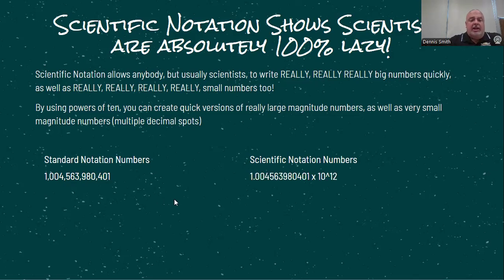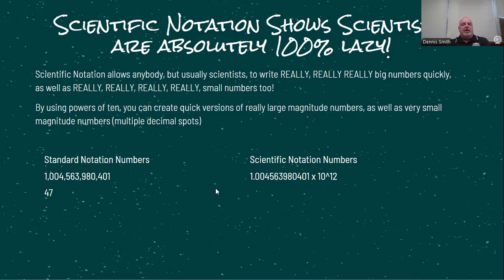So in this case, it's 1.0045639804001 times 10 to the 12. Now, I would be honest with you and say, if you put 1.00 times 10 to the 12th, I would accept that because that is correct. But beside the point, that would be the number because you moved the decimal from here to here, and it's 12 spots. 1, 2, 3, 4, 5, 6, 7, 8, 9, 10, 11, 12.